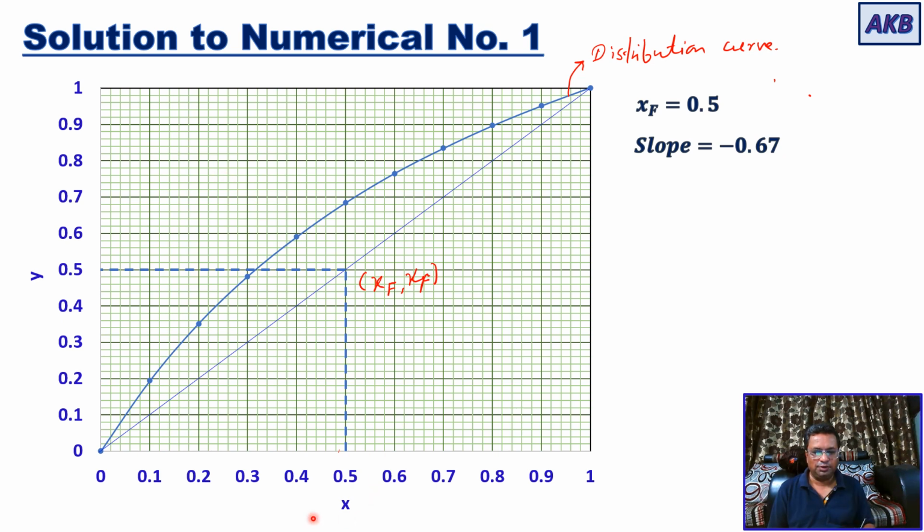In order to plot a line with a given slope on a plot where you have the same scale on both axes, there is one technique that you can use. You can use the definition of tan theta.